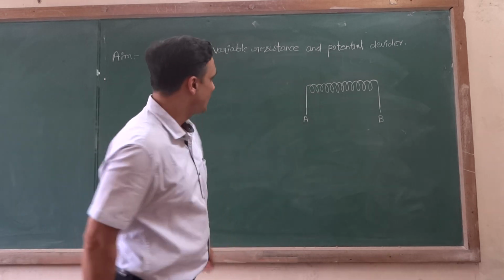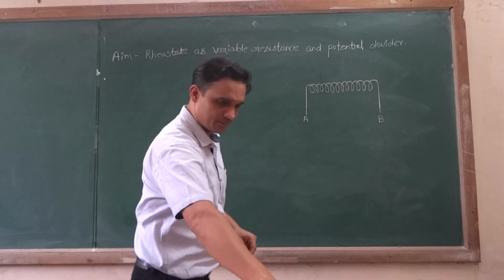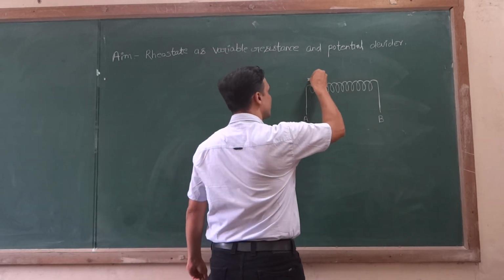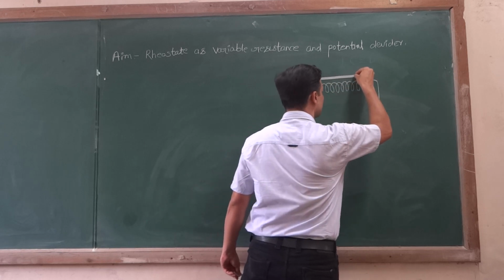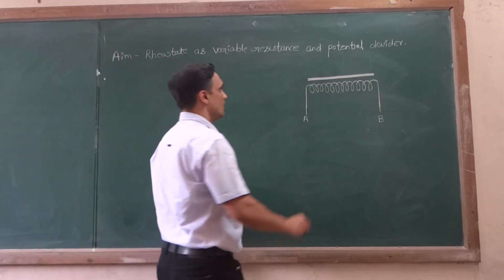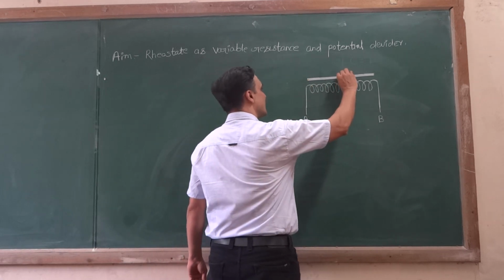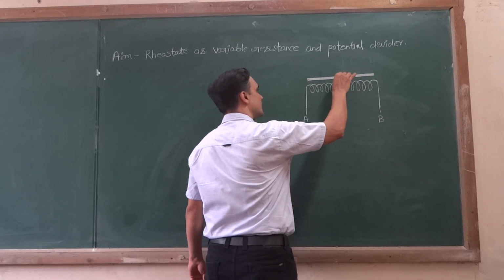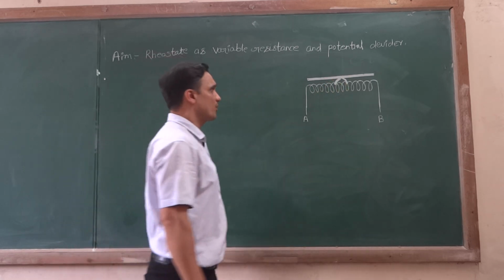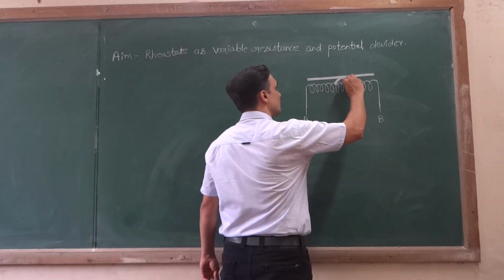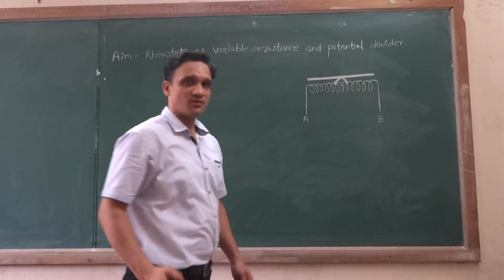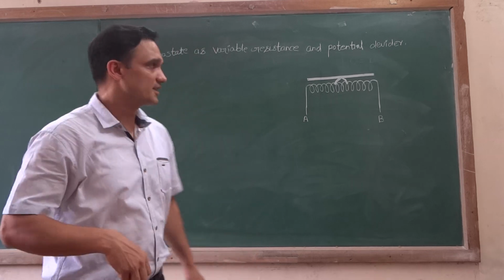Now, on the top of it there is a copper rod, and this is in contact with the winding through the copper strip, and these copper strips are carbon coated for better contact, better conductivity.